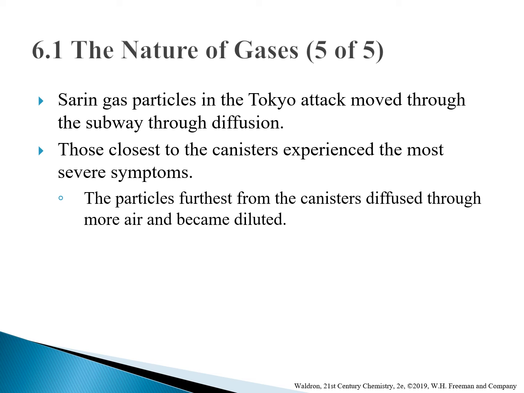This finding is reasonable because as the poison gas molecules moved farther from the canister, they became farther apart from one another as they diffused into the air and became diluted. A passenger farther from the canister therefore inhaled air containing fewer sarin molecules, and a passenger closer to the canister inhaled more. The closer passenger would reach the fatal limits of sarin with fewer breaths.